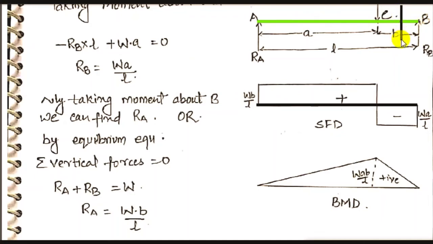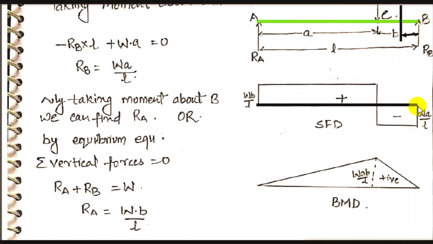At a distance of X from this point, the reaction is RB. If we know the sign convention, on the right side the force is acting upward, so it is a case of negative shear force.